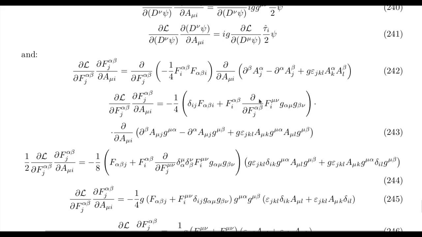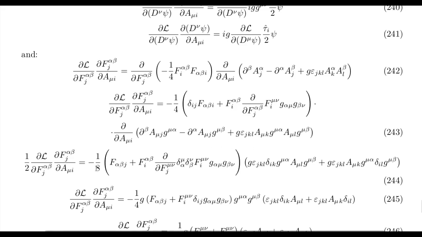Then we use the metric tensor to make these two covariant indices contravariant indices, mu here. In the second part we do the same. We use the metric tensor to change these contravariant indices into covariant indices at the gauge field.